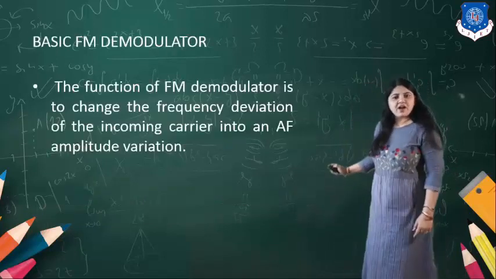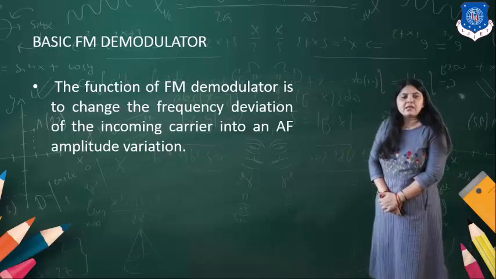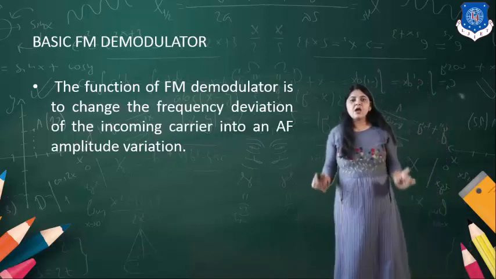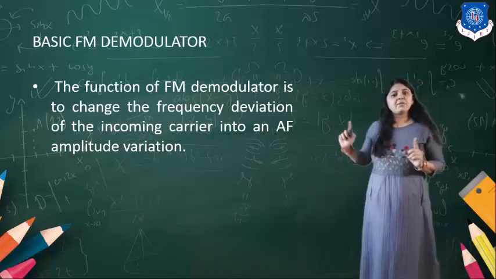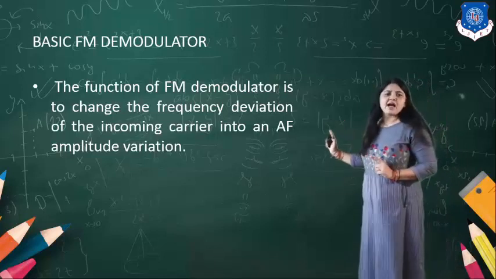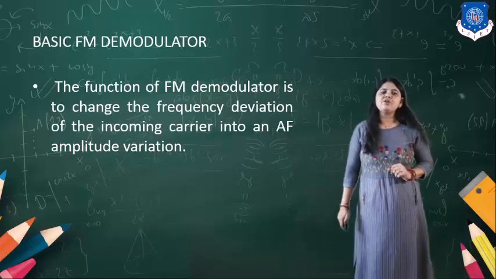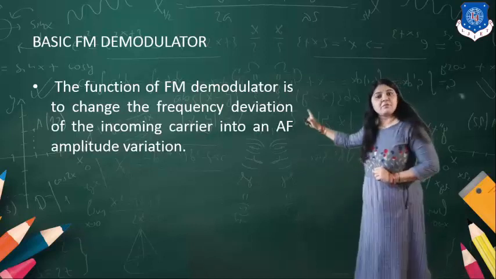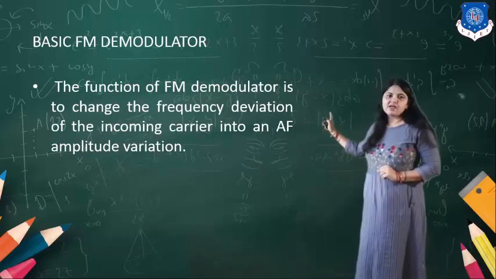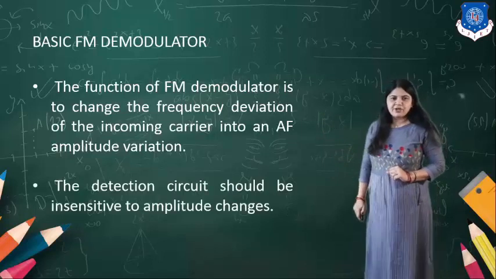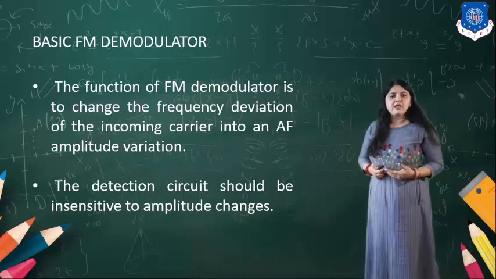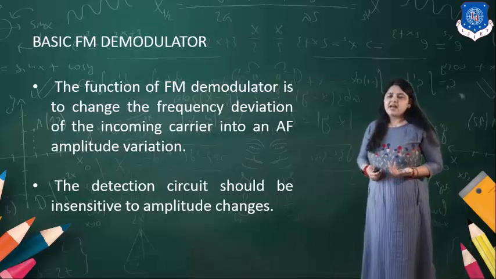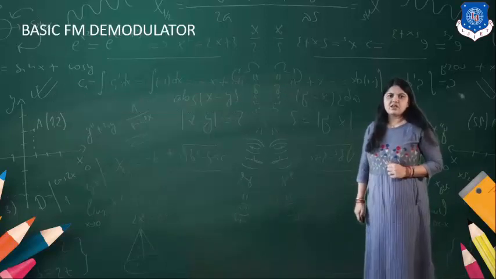So the function of the demodulator is to change the frequency deviation of the incoming carrier into an FM amplitude variation. This is the main function of the FM demodulator. The detection circuit should be insensitive to amplitude changes.